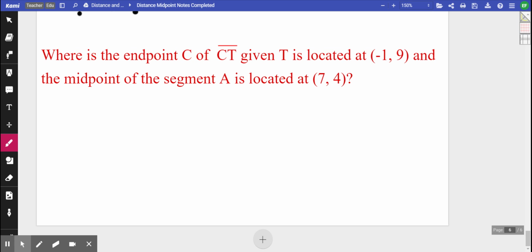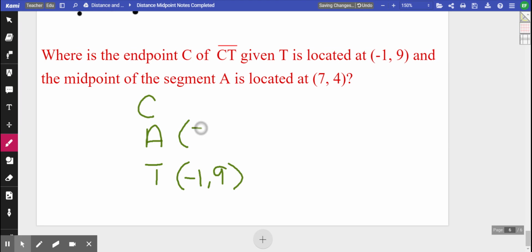So we're looking at an endpoint of C, a midpoint of A, and the other endpoint is T. We're given that T is at a location of -1, 9. We're given that the midpoint A is located at 7, 4.